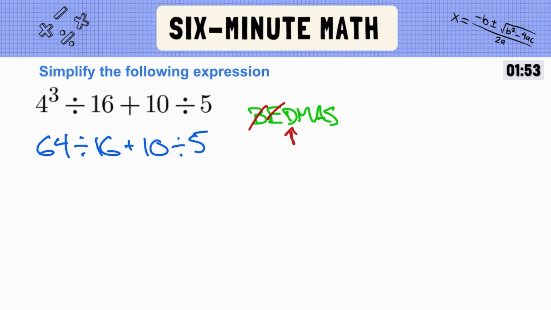There's actually 2 divisions. So again, I'm going to write those and simplify them left to right. 64 divided by 16 is going to be 4, plus 10 divided by 5 is 2. That finishes that step in BEDMAS, and now I finally just simply add 4 plus 2 to get 6.